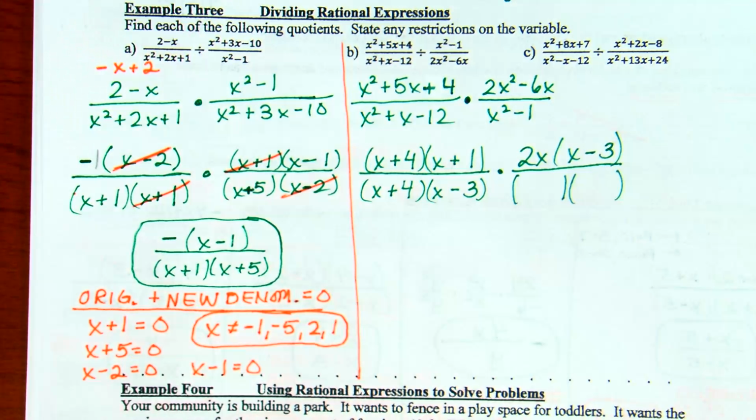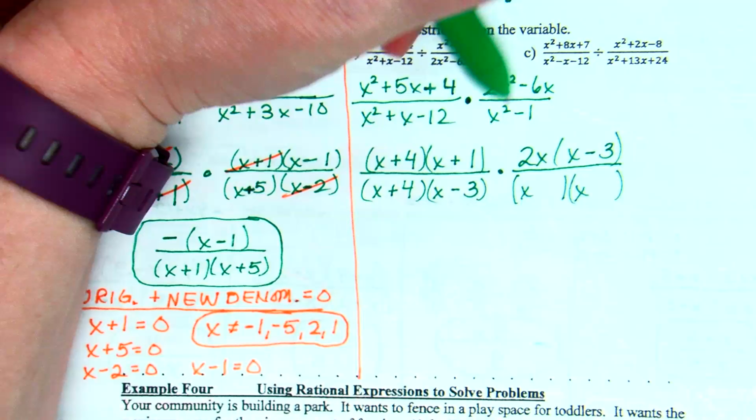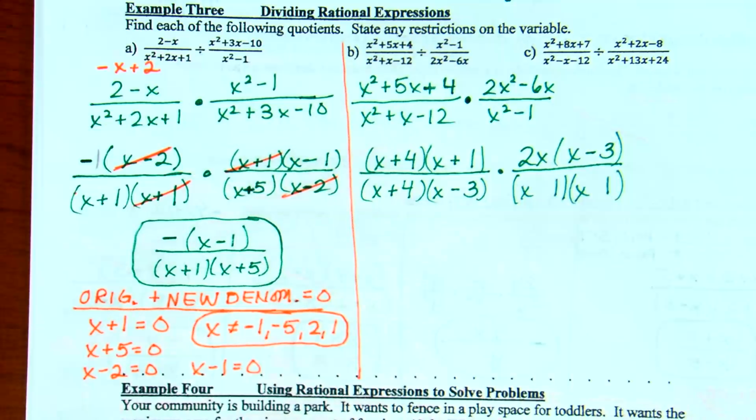X and x. 1 is going to be 1 and 1. Plus 1 minus 1. Difference of squares again. Square root of x squared is x. Square root of 1 is 1.